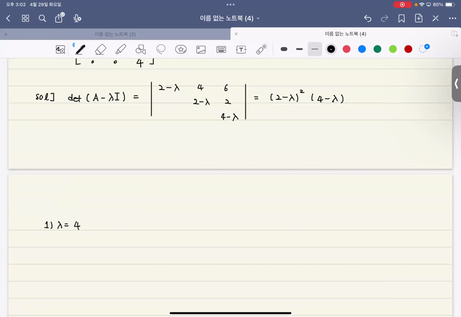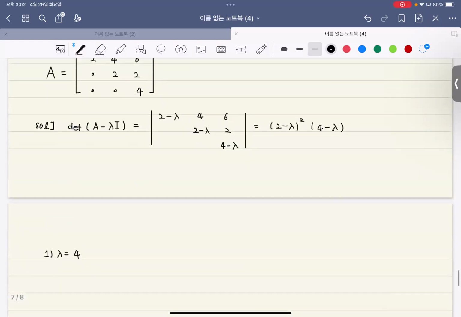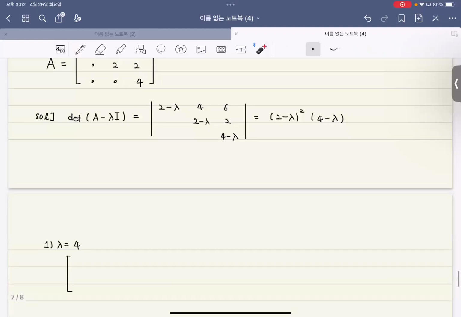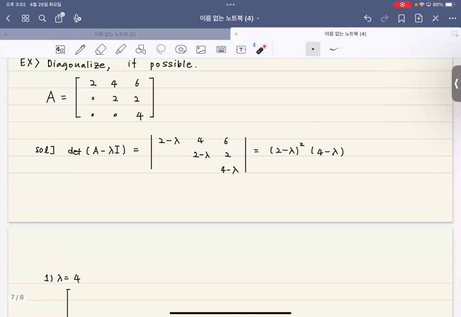If lambda is 4, I am supposed to solve (A minus 4I)x equals 0.